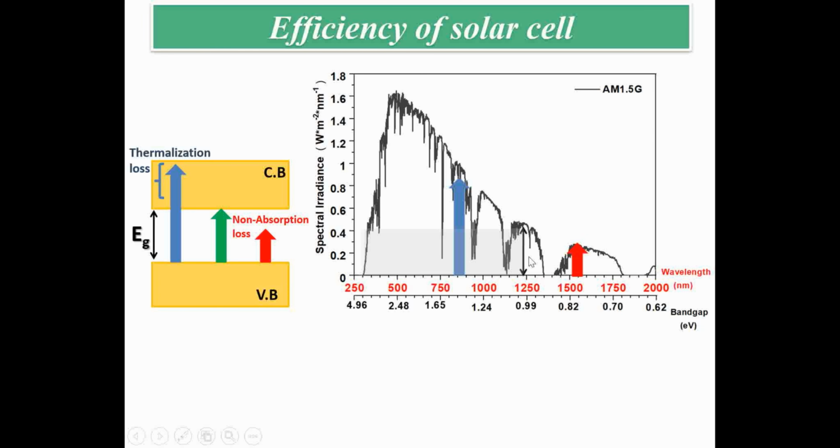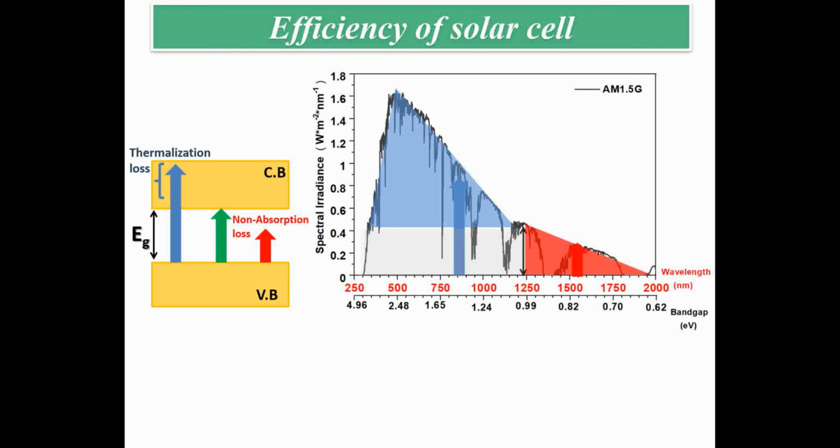The blue color region is the thermalization loss, energy lost in heating up the lattice, and the red color triangle shows the non-absorbed photon region. Only this whitish part is useful for us, whereas there are losses in this white region also. What are those losses? We will see.